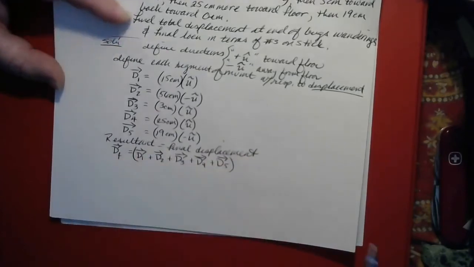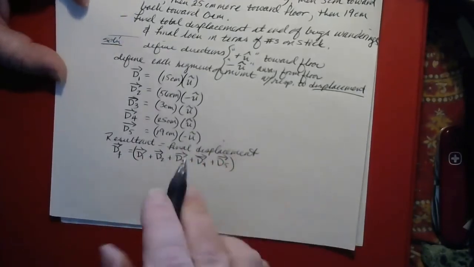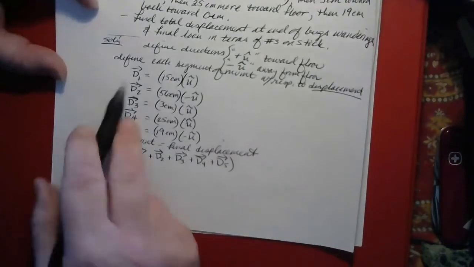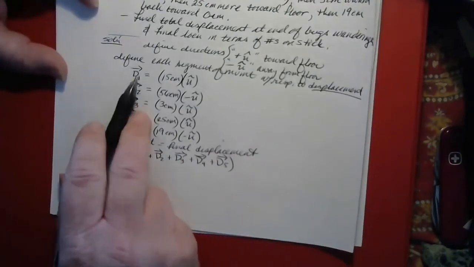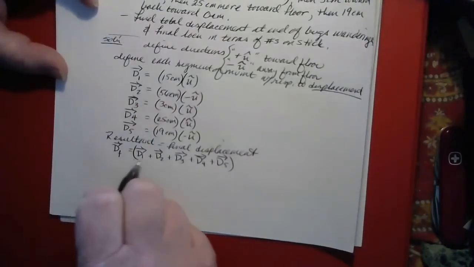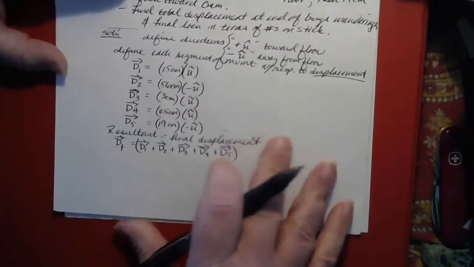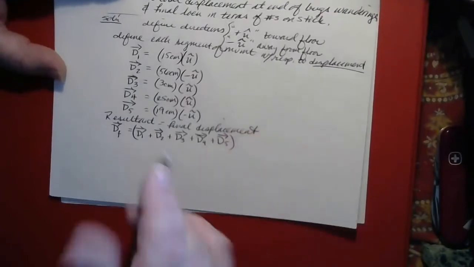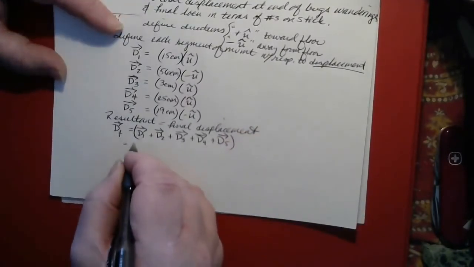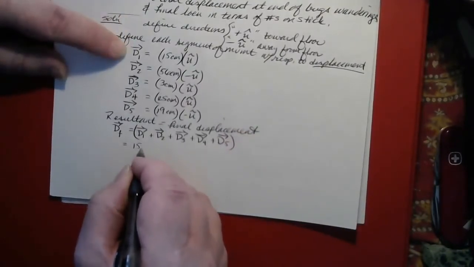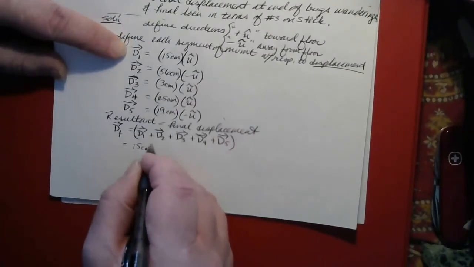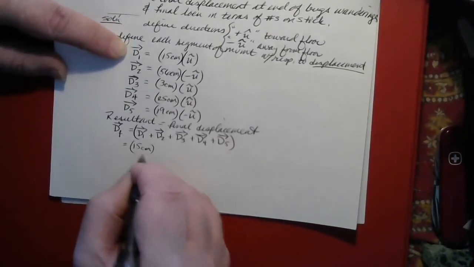Notice I haven't subtracted anything, even though some of them are negative. We're just dealing with the names of the vectors right here. So you just add them up, and when you put in the values, we'll worry about which ones are positive and which are negative. Okay, so this is going to be D1 is 15 centimeters times the unit vector.